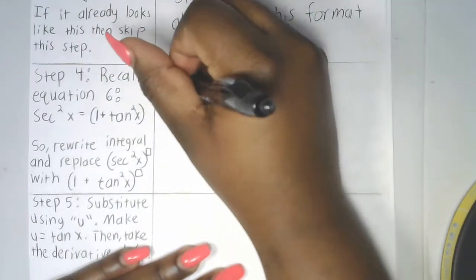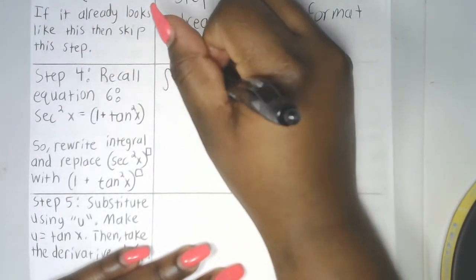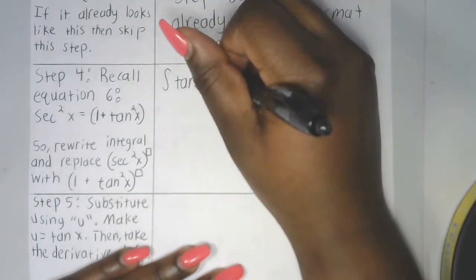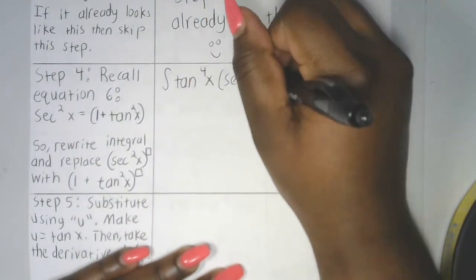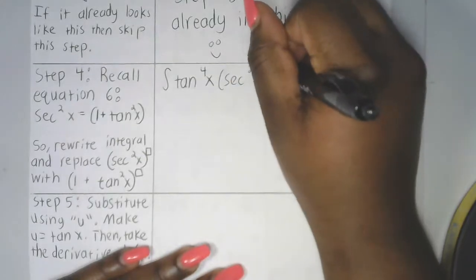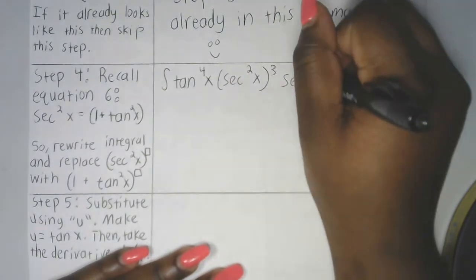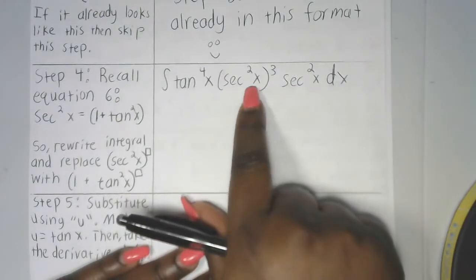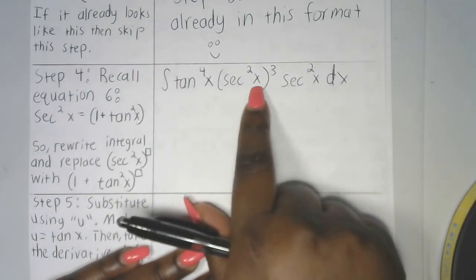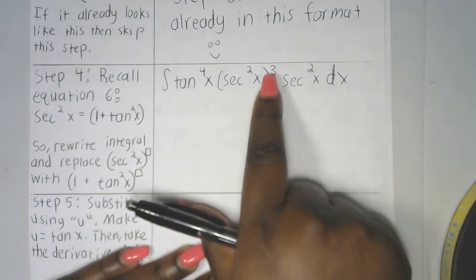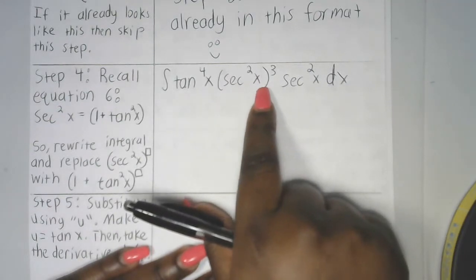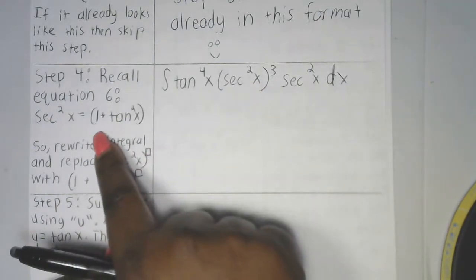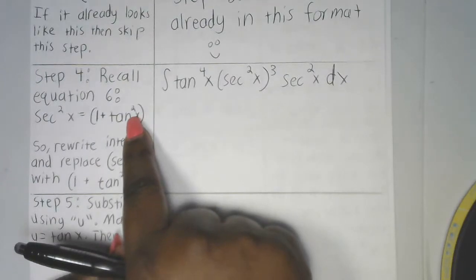We had tan x to the 4th power times secant x squared to the 3rd power times secant x squared dx. So we're going to take this term, secant x squared to the power of something, and we're going to replace it with 1 plus tan x squared.